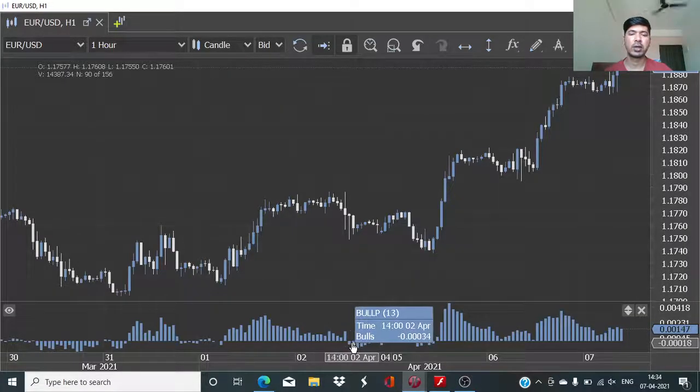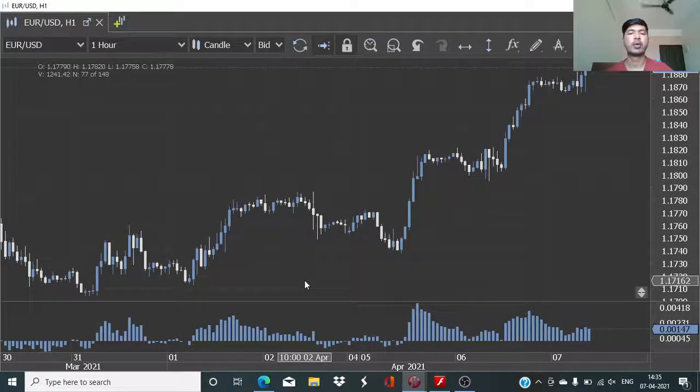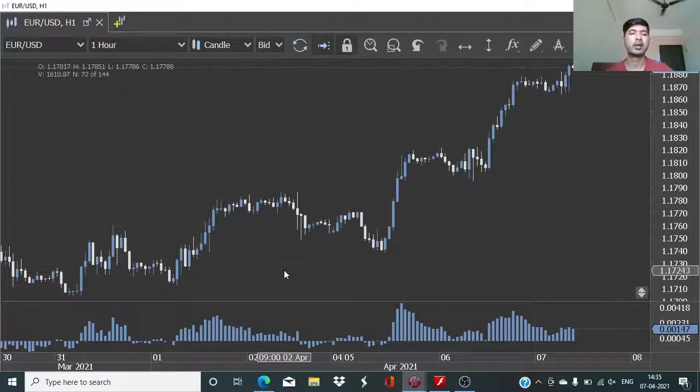We will look for the Bull Power values when the values are below zero, and here also the condition is going to be the same, that it should double, and of course this is going to go down. So whenever that happens, we will be looking for the initiation of the sell trade. I hope you got the idea, and it is fairly simple to understand. And then other aspects come in, that is, when to execute the order.